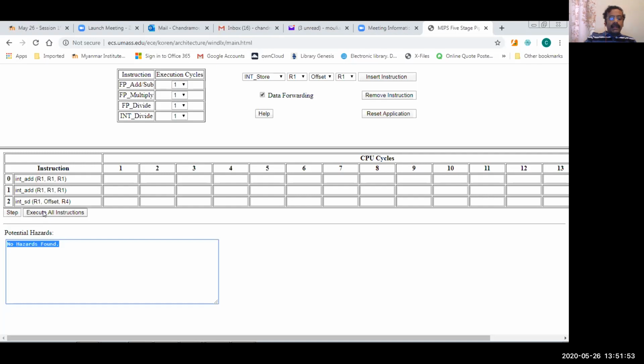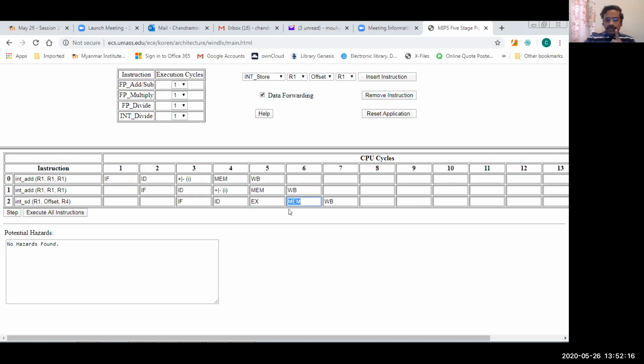So let me execute all of them together. Now look at the situation. Where do we expect a stall? We expect a stall where we want to store the value which is in R1 into memory.